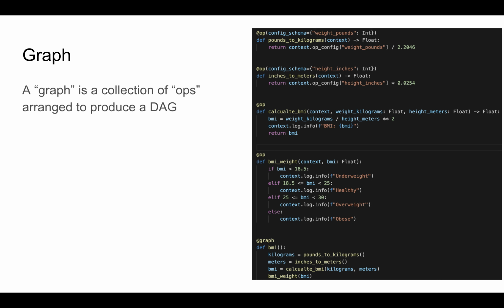Again, this is pretty easy to understand. You're just defining your ops, and then your graph is just the output of each of those op functions chained together. So it really encourages a very functional style of programming your pipelines.